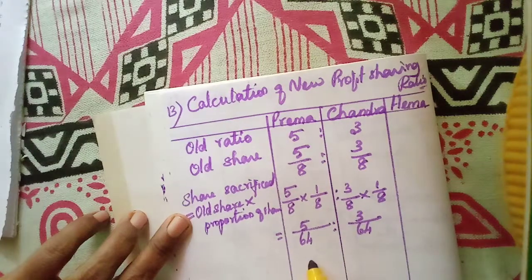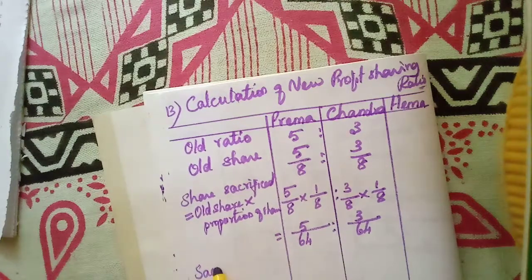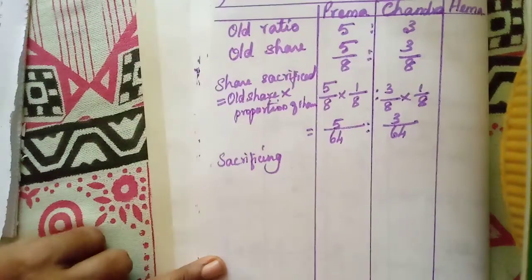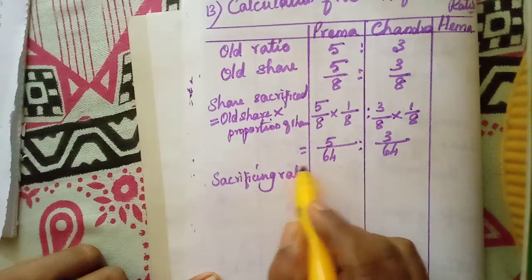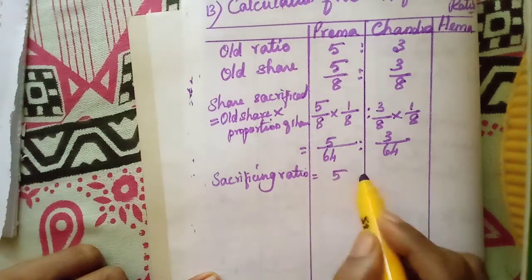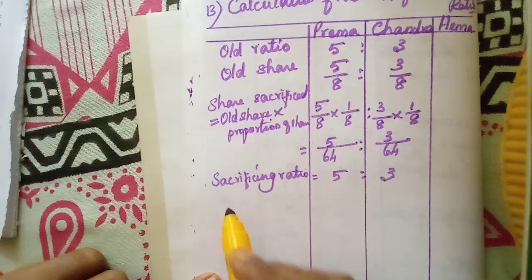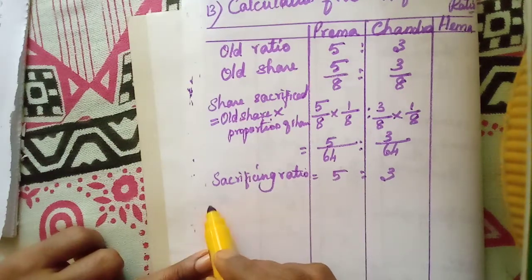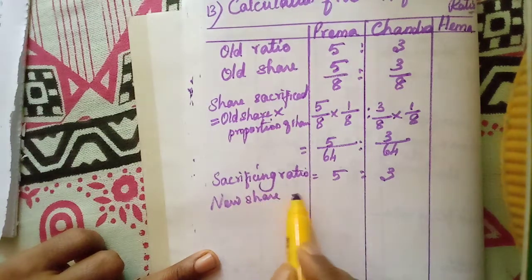Okay, here what is the sacrificing ratio? Sacrificing ratio is 5:3. Okay, now we need to calculate the new share. New share, how we will calculate?